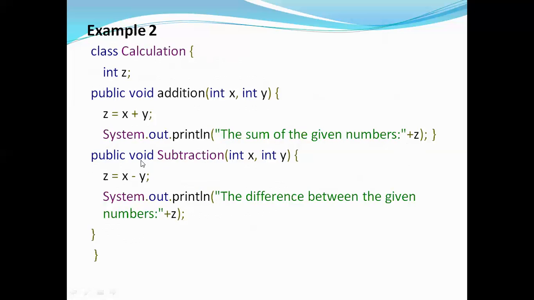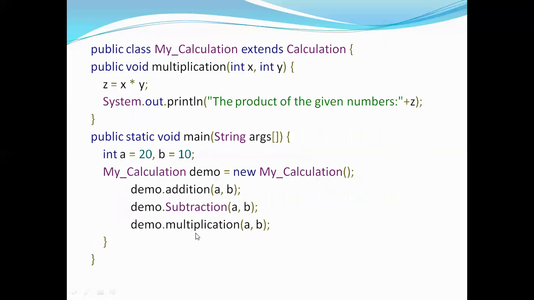Now it will go to the subtraction method with a comma b, that is 20 and 10. So they are subtracted and the value will be printed. After that, I'm calling the method called multiplication, which is there in the subclass. It will call this method, which will multiply these two and the value will be printed. If you observe, the addition and subtraction methods are not written in the child class, that is the subclass.